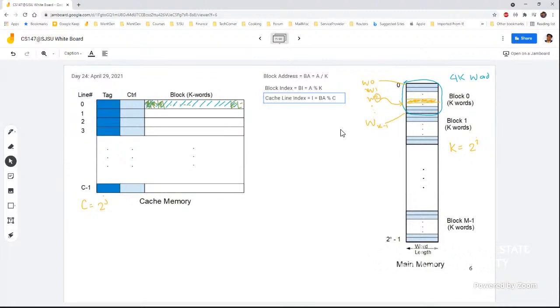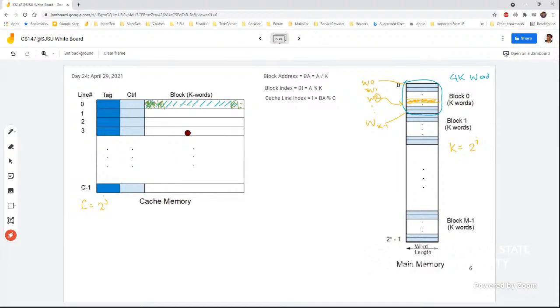We calculate that cache line index. This quantity specifically tells which line I'm going to access to see if the block is present or not. So maybe it results in 3, for example. You go there and see if it matches with the tag, and if it does, then we know that block is present in the cache, and then we use the block index to access the data within the block.